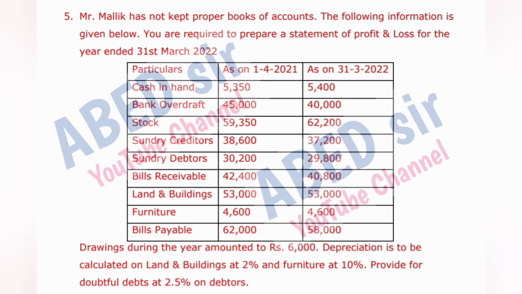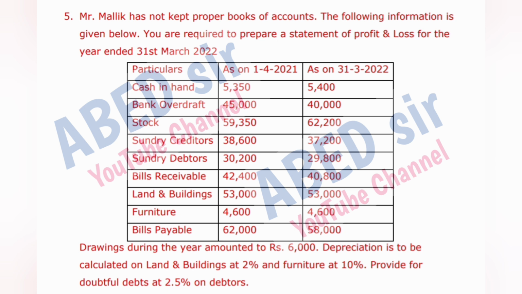Cash in hand 5,300 and 55,400. Bank overdraft 45,000 and 40,000. Stock 59,300 and 62,200. Sundry creditors 38,600 and 37,200.